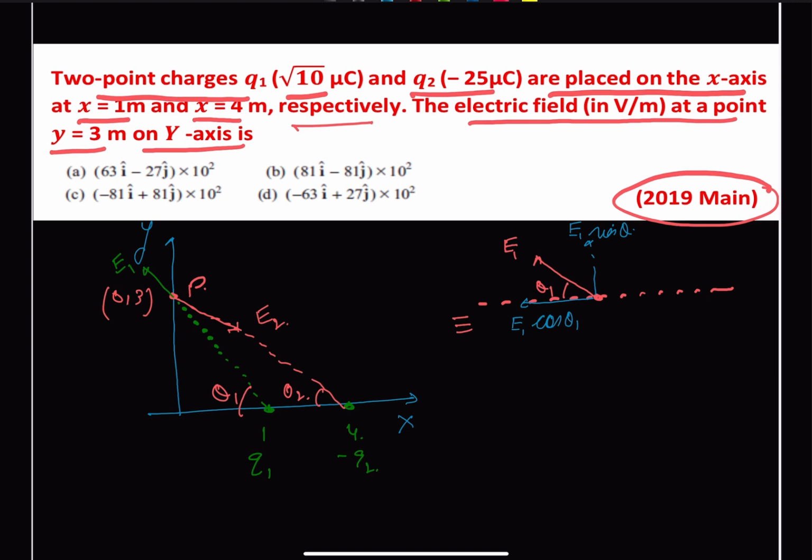The second field is E2, something like this, and this angle will be theta 2. So this component will be E2 cos theta 2 and the other component E2 sine theta 2. So we found the components associated with our electric field.